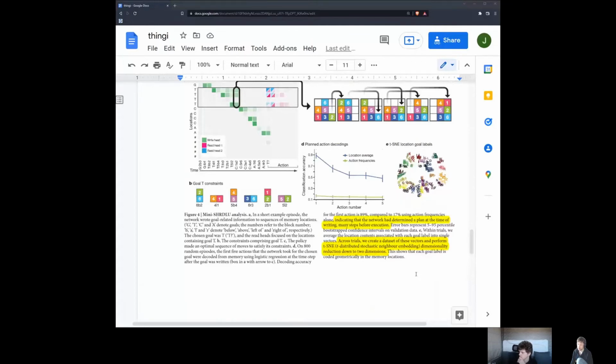Across trials, we create a data set of these vectors. So there are different trials, and the difference in each trial is just the hyperparameters. I guess the exercise is still the same, and it basically finds that it still puts it most likely at the same address points. Whatever.